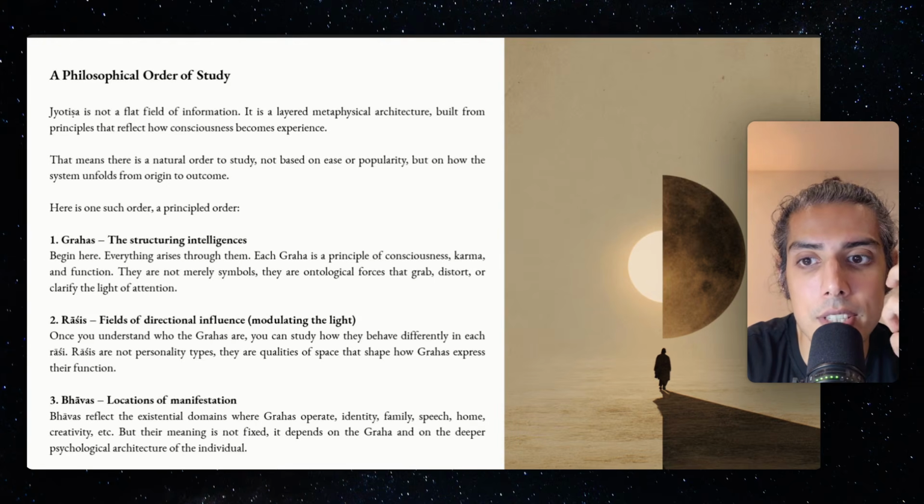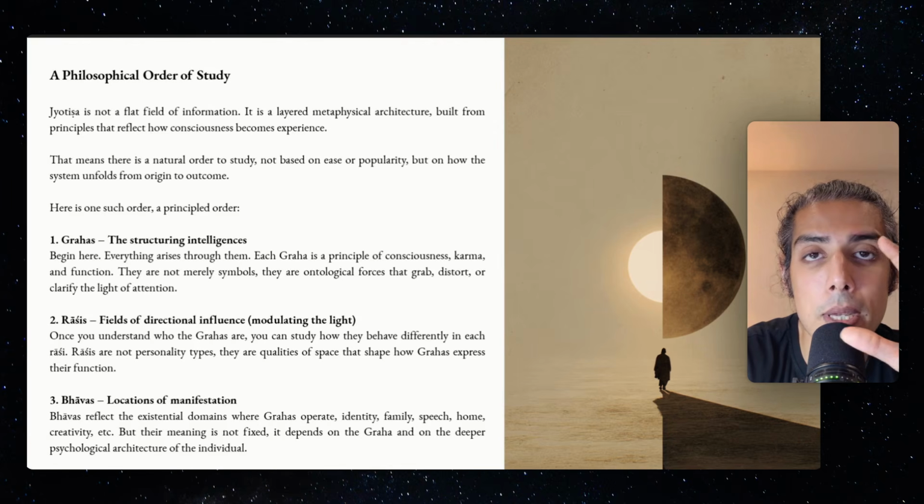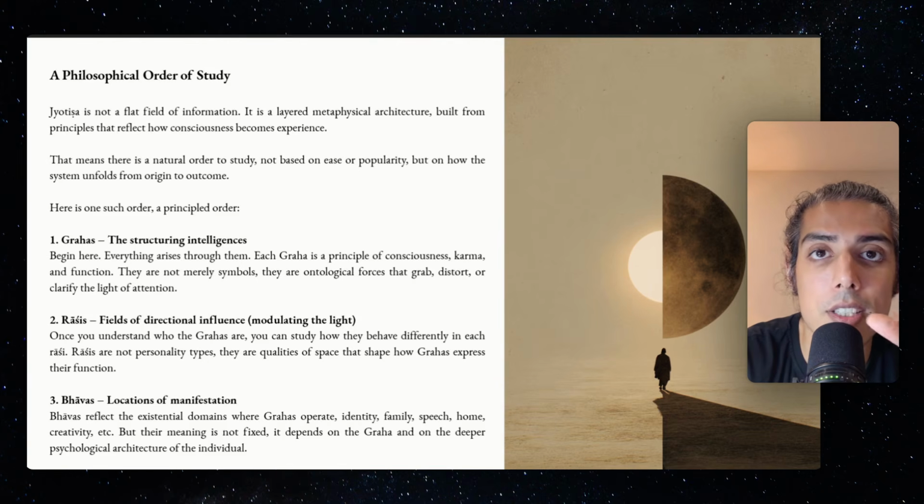Then you get into rāśis, fields of directional influences, how grahas are being modulated, how the light gets modulated in different ways, how experience gets distorted in different ways. It's like a 30-degree section of space through which, when influence enters, the graha's principle manifests, modulation occurs.